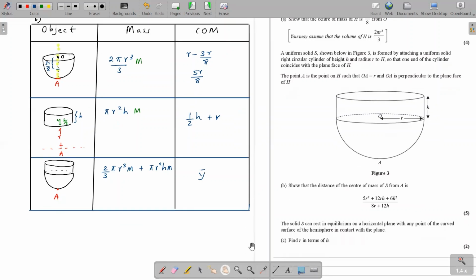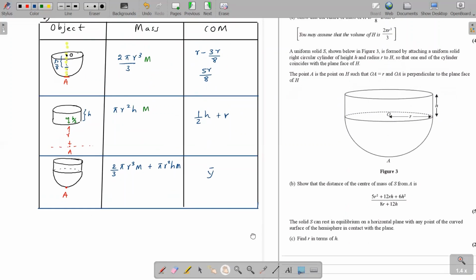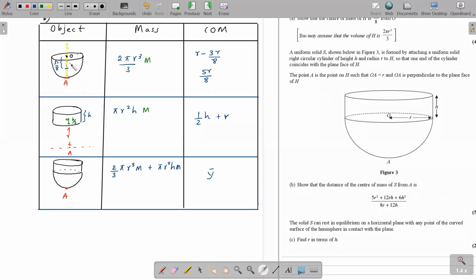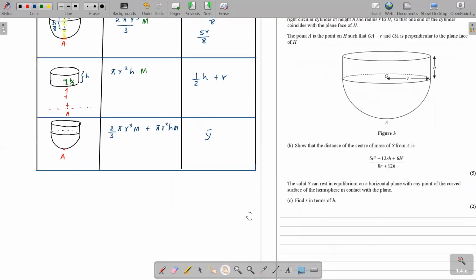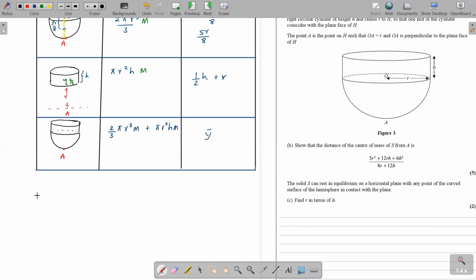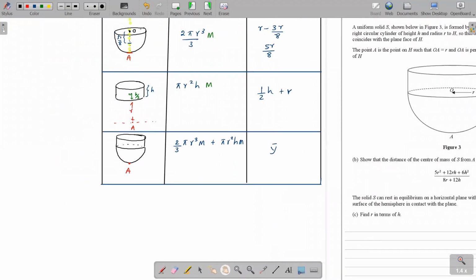Okay, so now it's time to show that. What do we do here? This object, the hemisphere, you add the cylinder, you form the compound object, right? So let's multiply mass into center of mass. What's the mass here? 2 pi r cube m over 3 multiplied by 5r over 8, plus pi r square hm multiplied by half h plus r, equals.